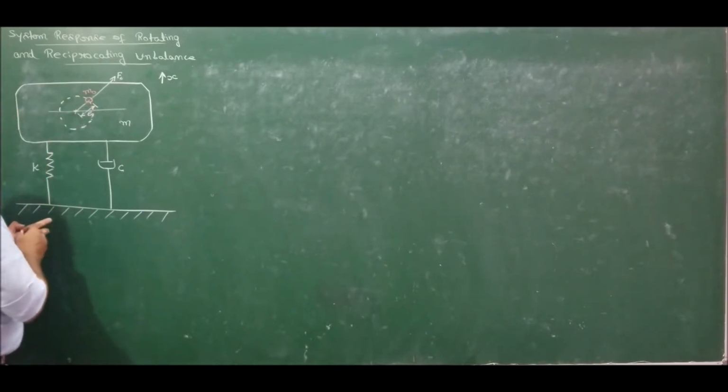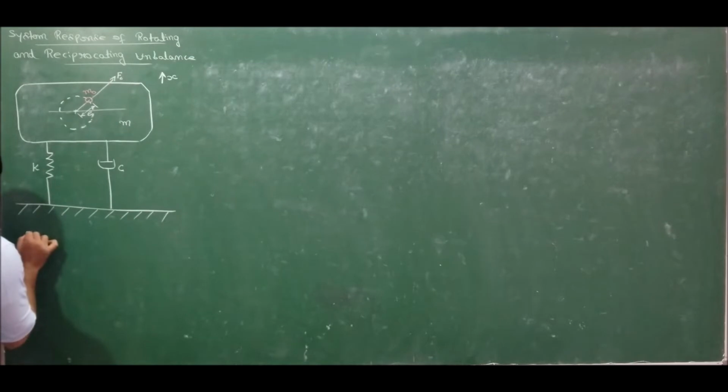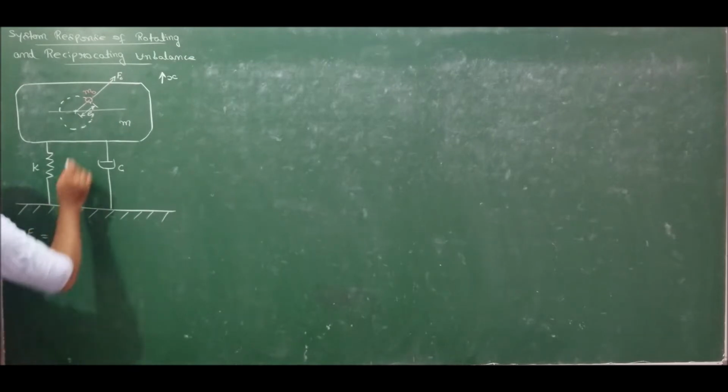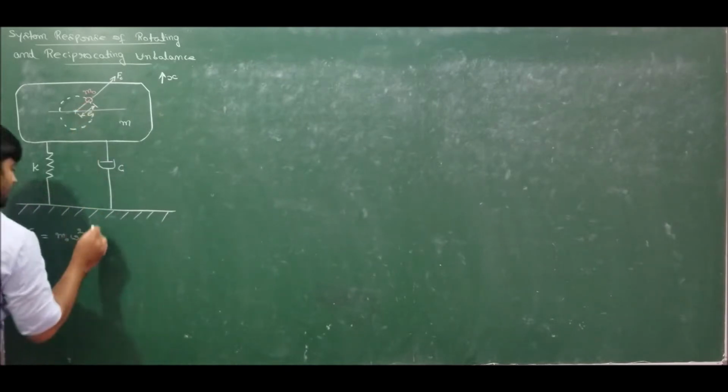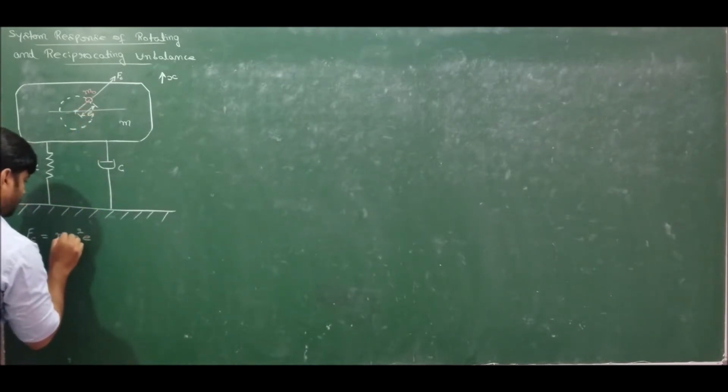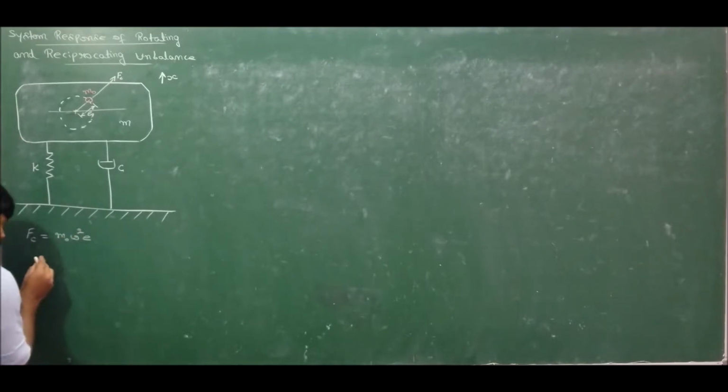Now the formula for centrifugal force is known to us, that is the unbalanced centrifugal force, where the mass is m naught, omega square, and what is the radius of rotation? Eccentricity e. Right. So what am I defining?